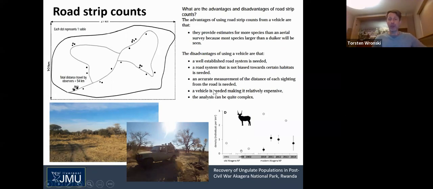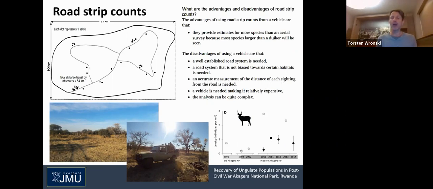Another prerequisite is that an accurate measurement of the distance of each sighting from the road is needed. As we will learn in a minute, this applies not only to road strip counts, but also to transect counts. And the vehicle is often expensive.